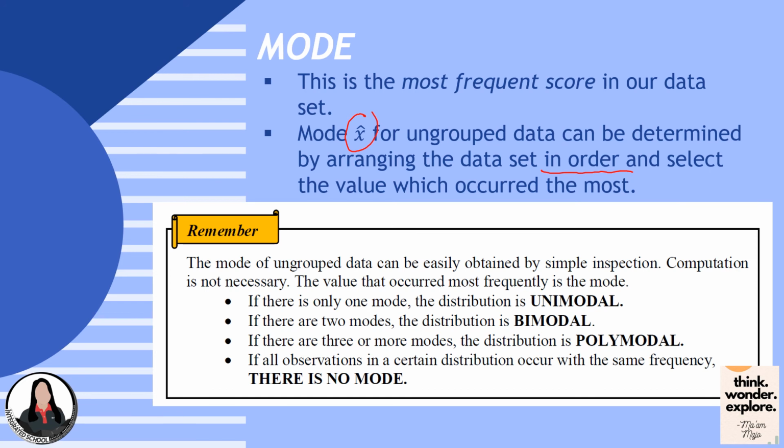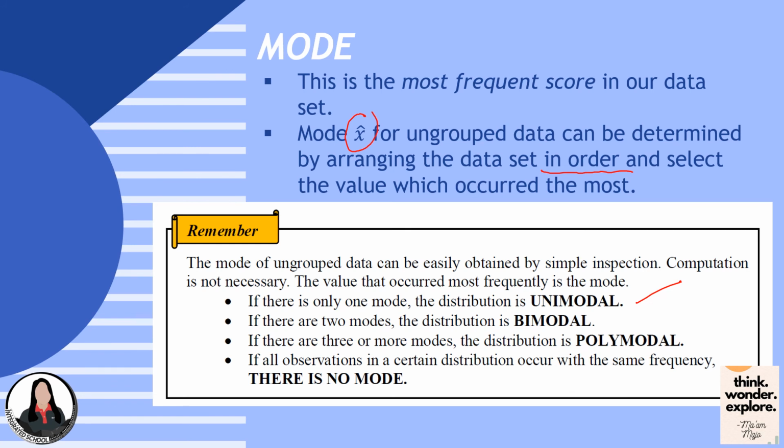Okay? So we have to remember, the mode of ungrouped data can be easily obtained by simple inspection. Ang concept kasi ng mode is the most simple, at the same time, yung application nyo ay pinakasimple din. Computation is not necessary. Observation lang ang kailangan natin dito. The value that occurred most frequently is the mode. If there is only one mode, the distribution is unimodal.